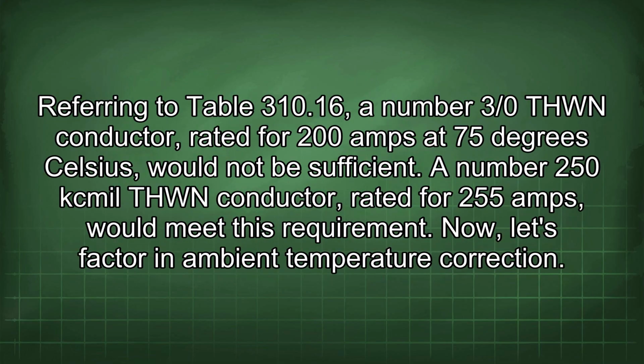Referring to Table 310.16, a number 3/0 THWN conductor, rated for 200 amps at 75 degrees Celsius, would not be sufficient. A number 250 kcmil THWN conductor, rated for 255 amps, would meet this requirement. Now let's factor in ambient temperature correction.